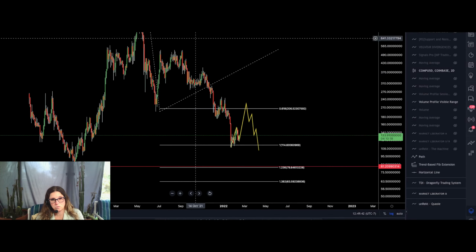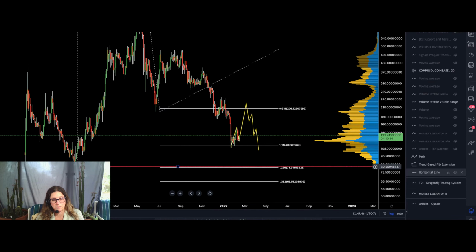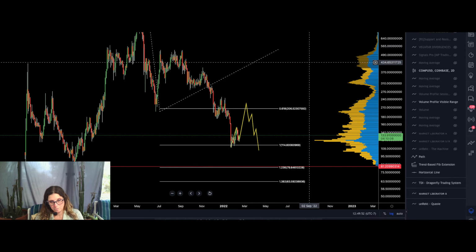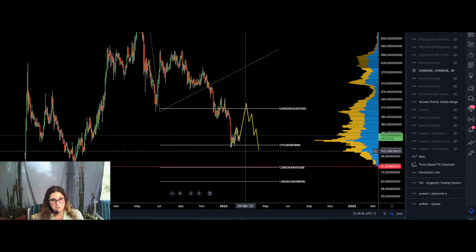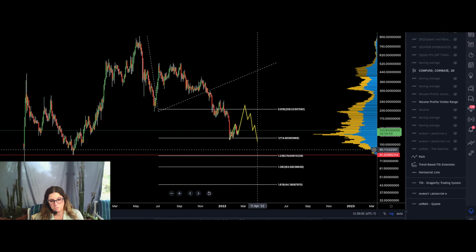It has to do this. If it doesn't, then it's going to take the bottom out, and then this whole thing was corrective. And when Bitcoin decides to rally, it will rally. But if it can hold this and not break this bottom, this is a wave 1 and a wave 2.